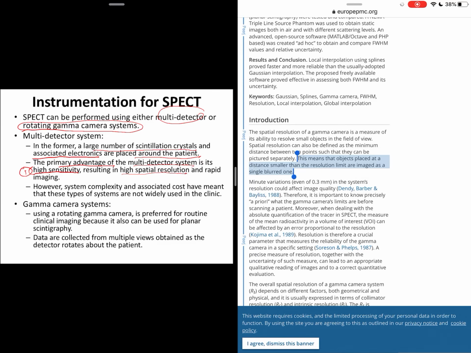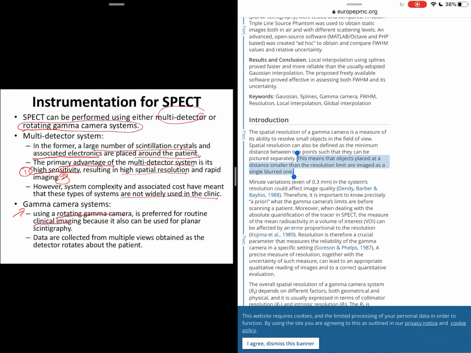The primary advantage is high sensitivity, resulting in high spatial resolution and rapid imaging. However, the complexity and associated cost make it not widely used in the clinic.